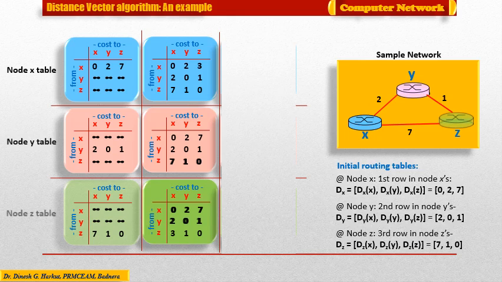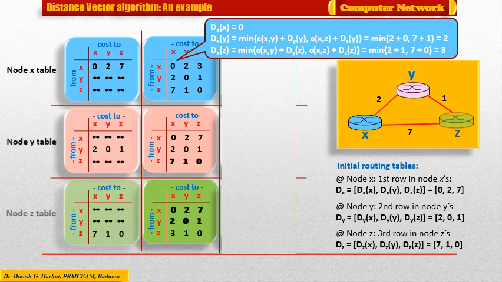After receiving an update, each node recomputes its own distance vector. As each of these nodes receives updates from other nodes, each node recomputes its own distance vector. For example, node X recomputes its own distance vector, which was earlier 207.